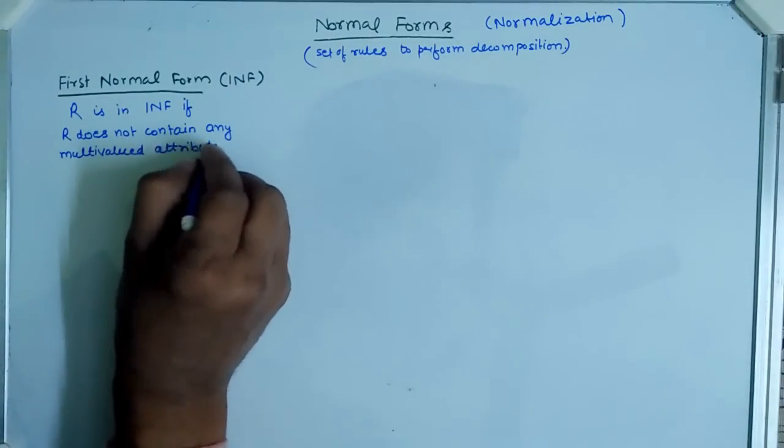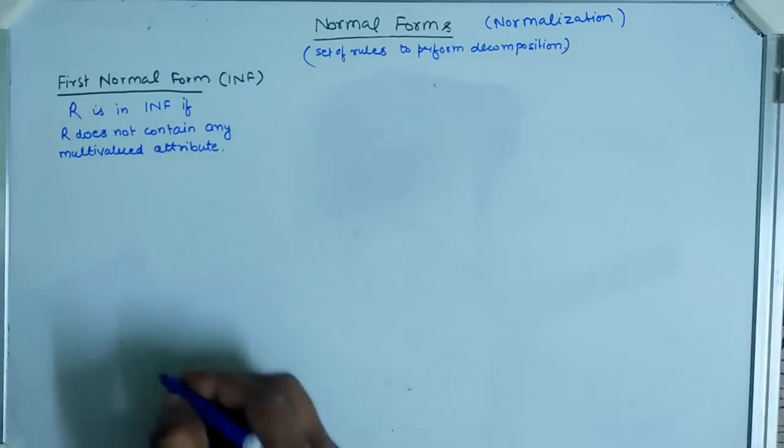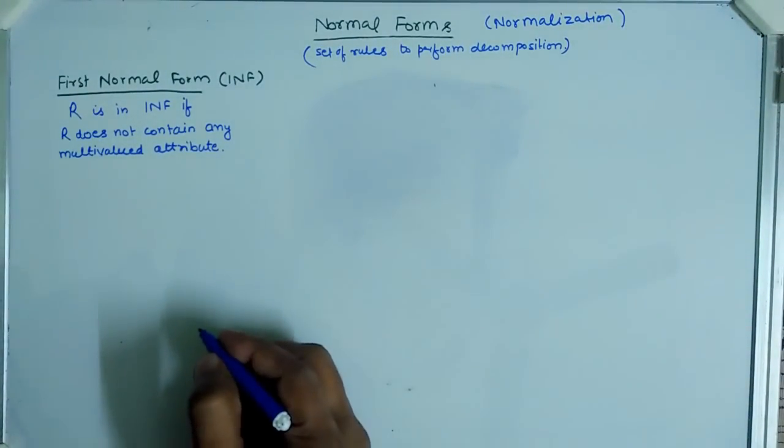If this relation does not contain any multi-valued attribute, then the relation is in first normal form.